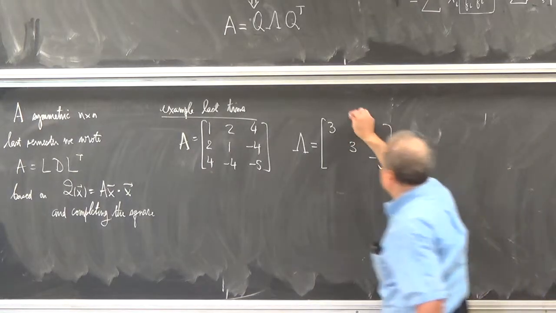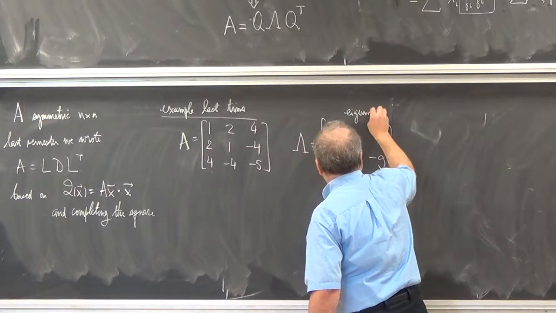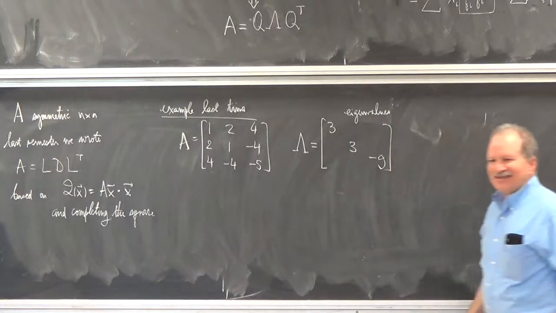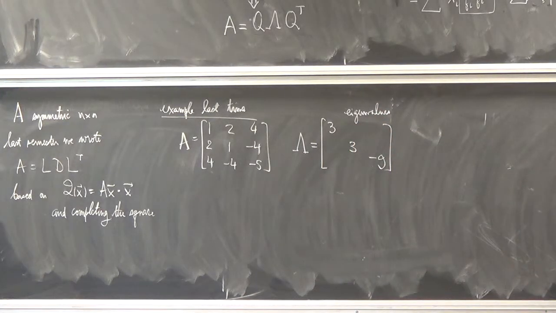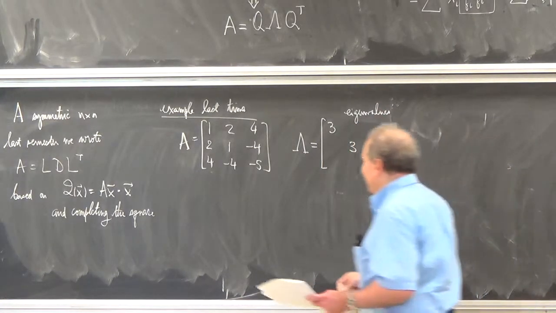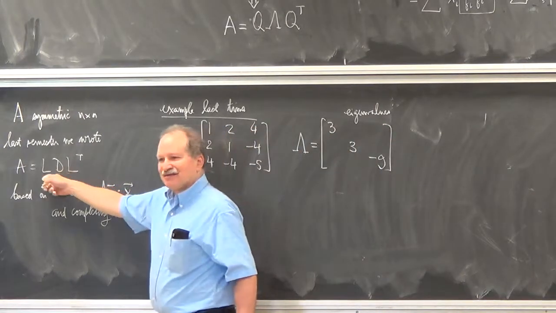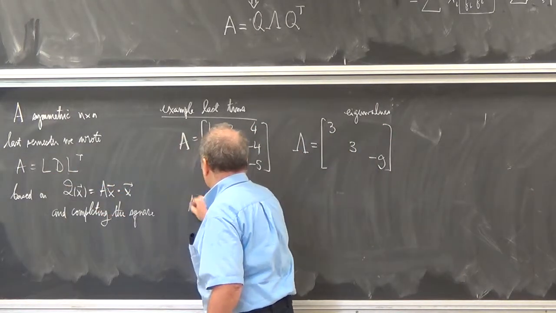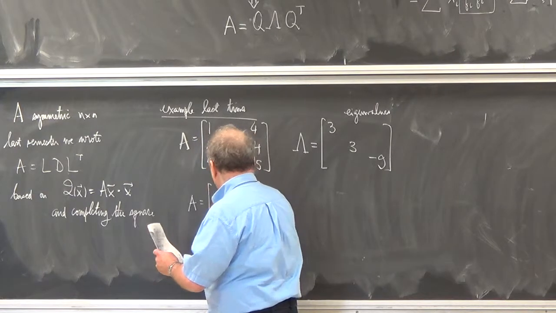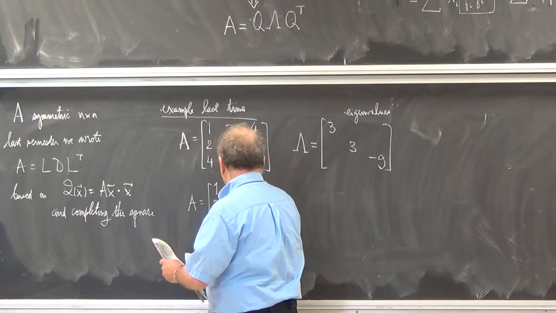These are the eigenvalues. All right, and you'll just have to trust me. But I actually did double check with Mathematica, so I'm not lying to you. If I do LDL transpose, I get the following.